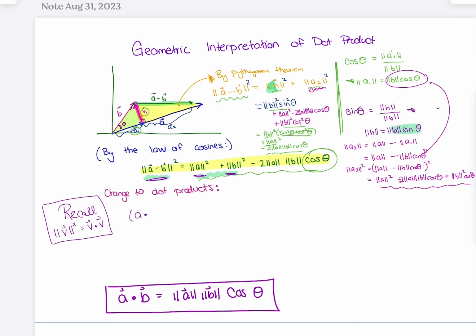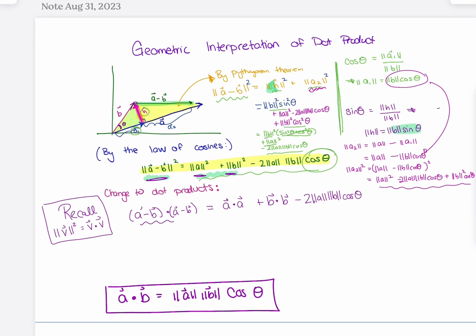So going back, A minus B dotted with A minus B, a vector dotted with itself, is equal to A dot A plus B dot B minus, I'm going to keep this the way it is, 2 times the magnitude of A times the magnitude of B times the cosine of the angle in between.